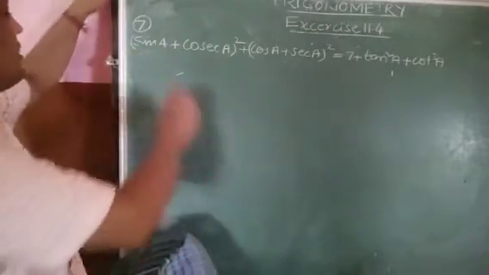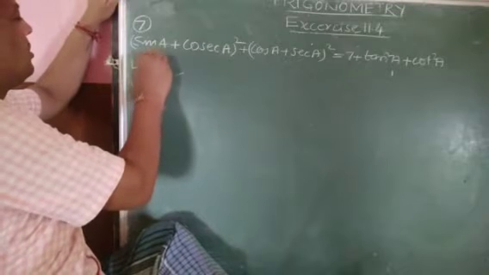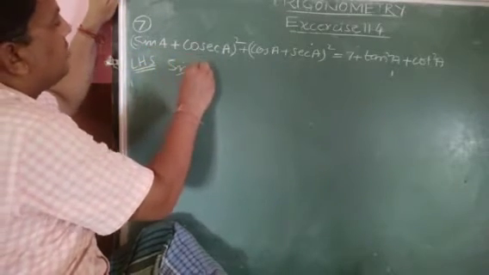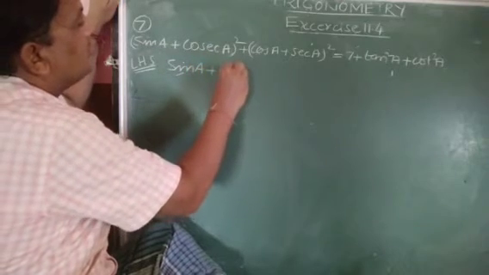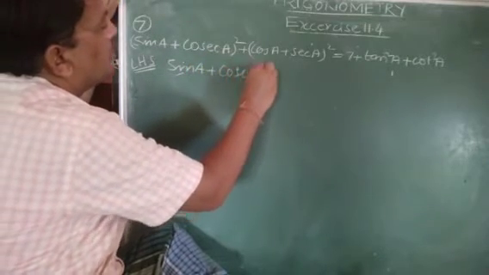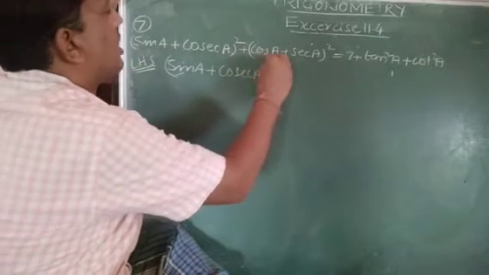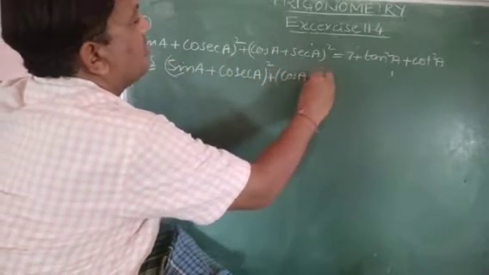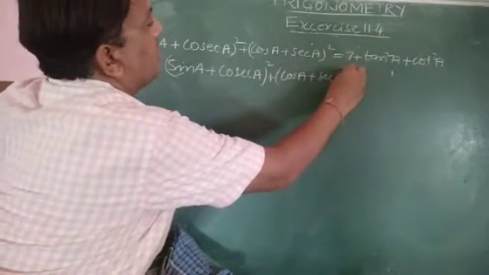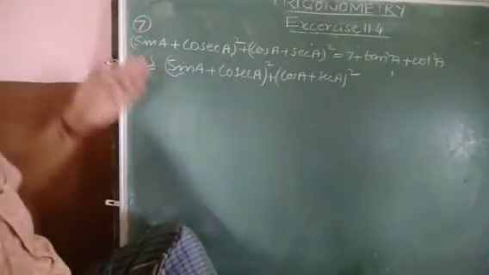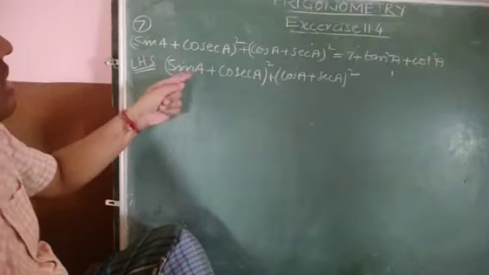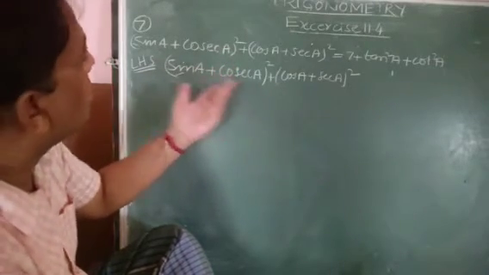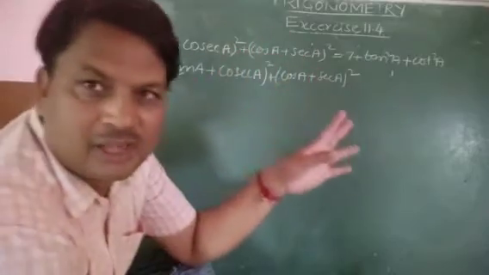We have to take the left hand side, which is sin A plus cosec A whole square plus cos A plus sec A whole square. Either you can go for sin A plus cosec A as 1 by sin A and then take the LCM, then take the whole square.